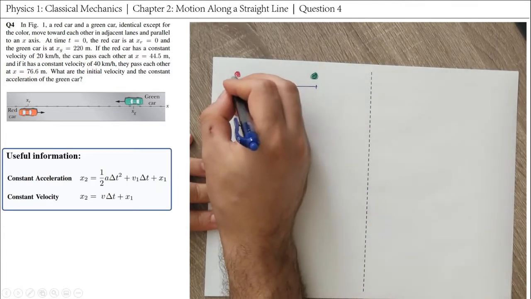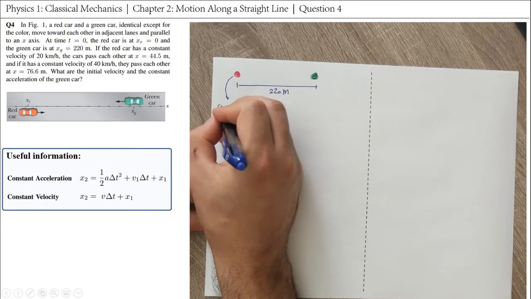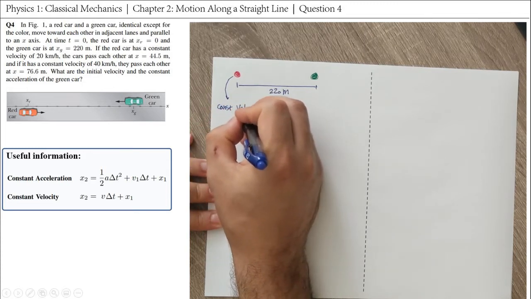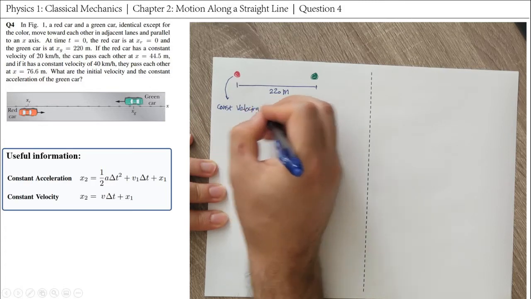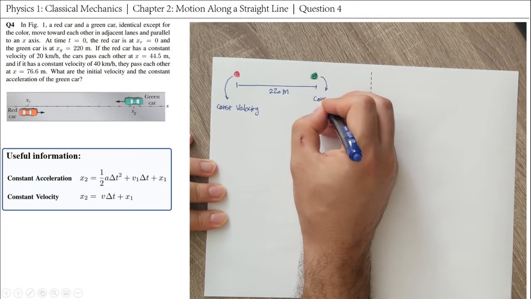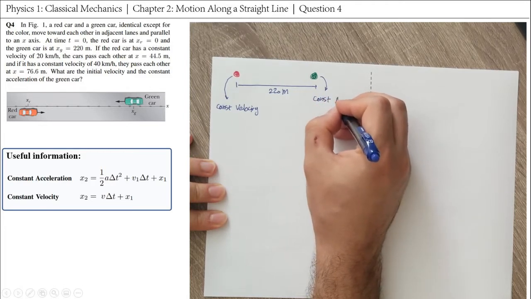And we do know that the red car has a constant velocity. So the red car moves with constant velocity. And the green car moves with constant acceleration. Okay, these are given by the question.